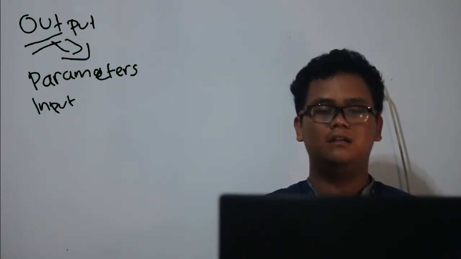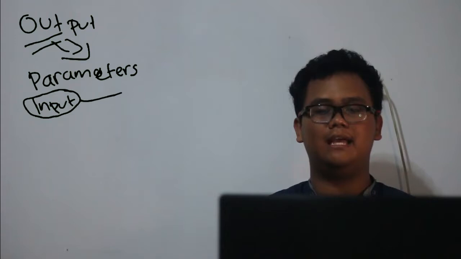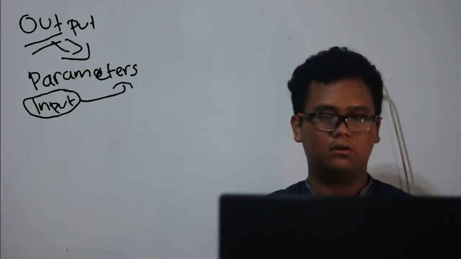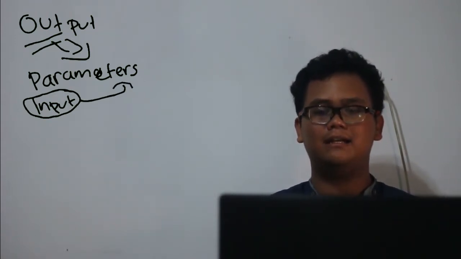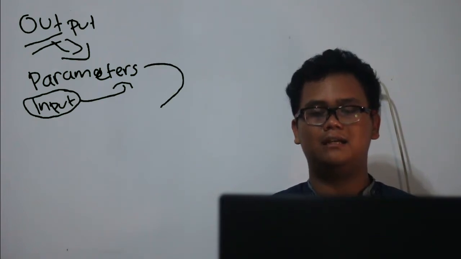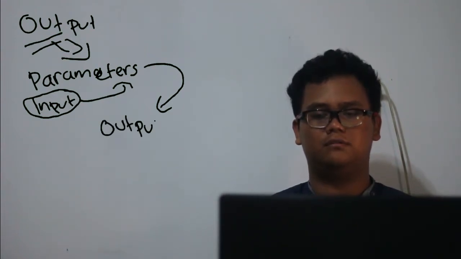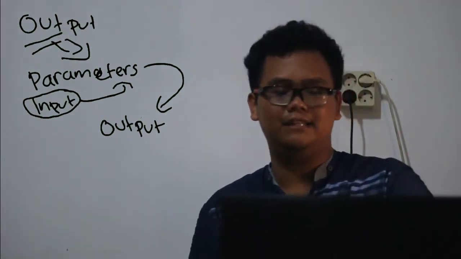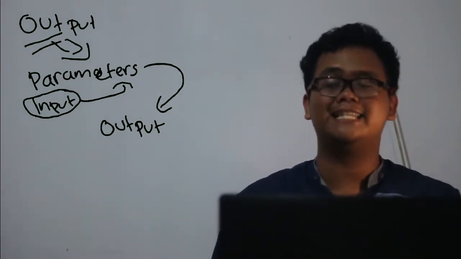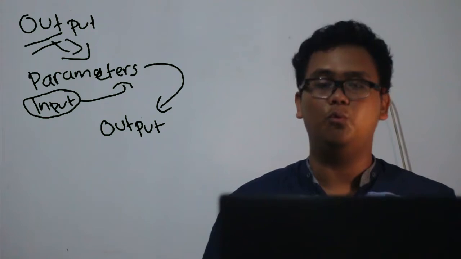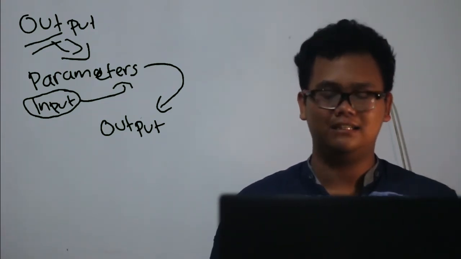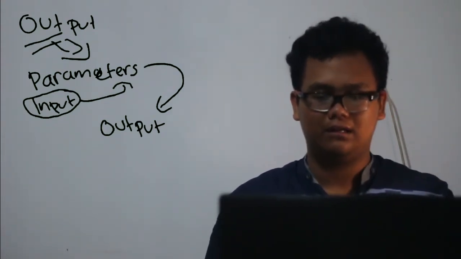So after the parameters, the value which is built into the function, we get a result, and the result is called the output. Maybe this is a scheme, or a way the function works.